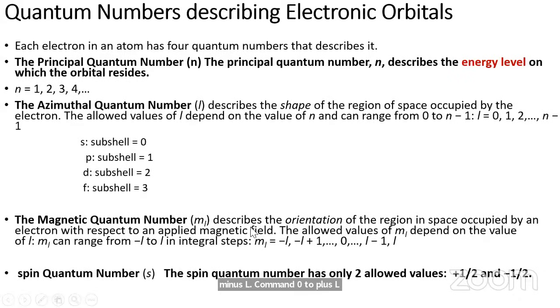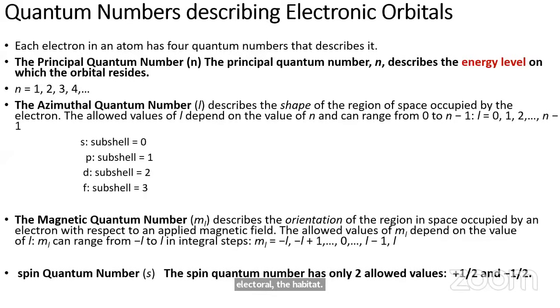Now, like we say, the second quantum number, your azimuthal quantum number, describes the shape of the region in which the electron is found. If you recap what we just did when we looked at the orbitals, you could see that each of the orbitals has its own shape.